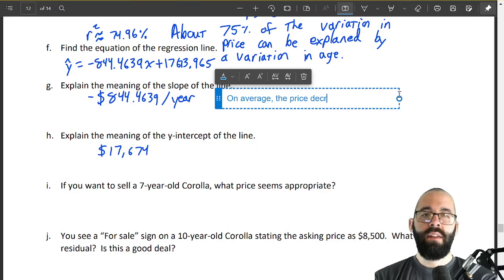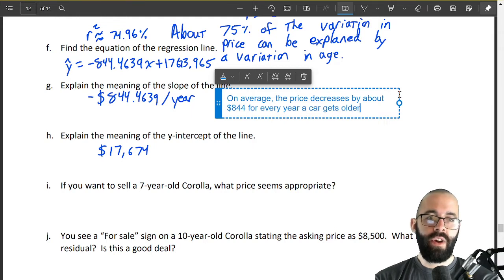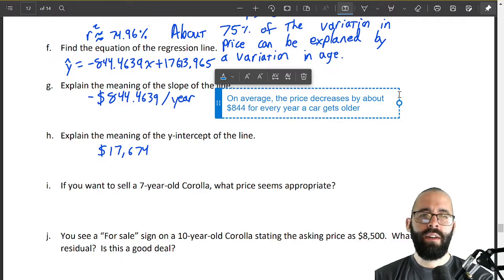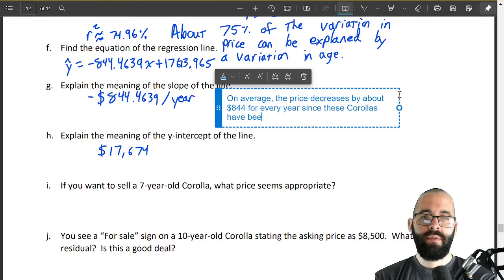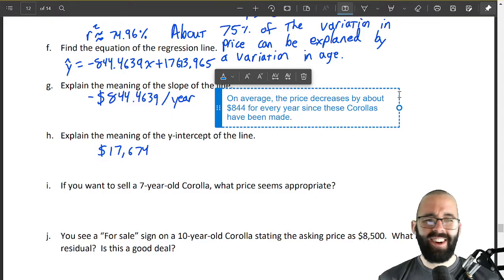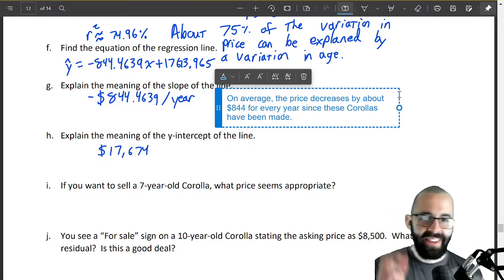The price decreases by about $844 for every year a car gets older, or for every year these Toyota Corollas get older. English is hard. And I'm talking too much about cars and sports today too.